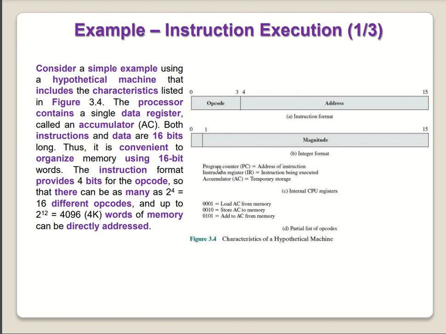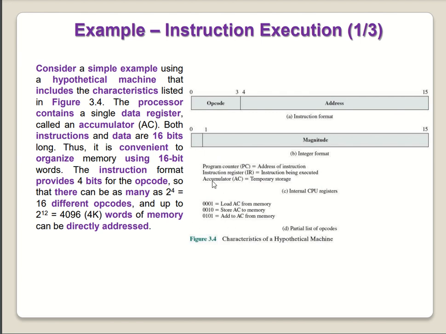Down below in the diagram, can you see the accumulator? AC means temporary storage. Sometimes you may need temporary storage during calculations, maybe to hold the result for some time. That's the use of the accumulator.